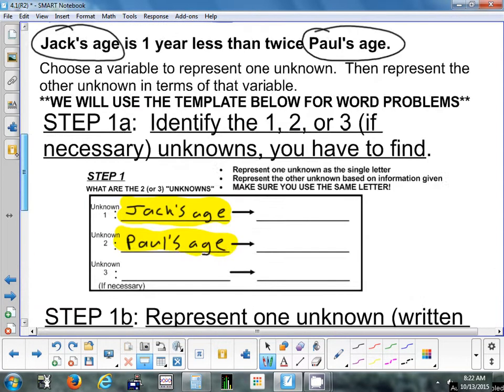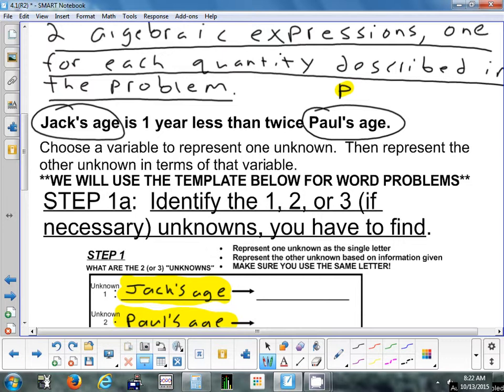But now we've got to be careful. What phrase in that sentence do we have to be very careful with? I said, watch out. Victor? Less than. Yeah, you got the less than. So we know what less than means. Victor, what does less than mean? Subtraction. So our two choices are, we've either got 1 minus 2p or 2p minus 1.